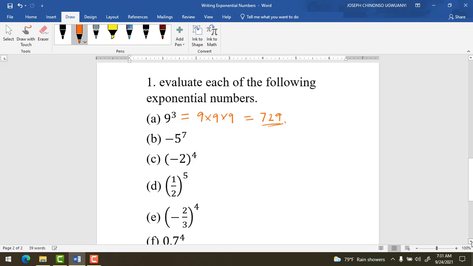That is it. Okay. What if you have minus 5 exponent 7? If you want to evaluate this one, you have to use a bracket so that you don't confuse yourself. So you have a bracket, the minus has to be outside the bracket, then you deal with the 5 exponent 7.